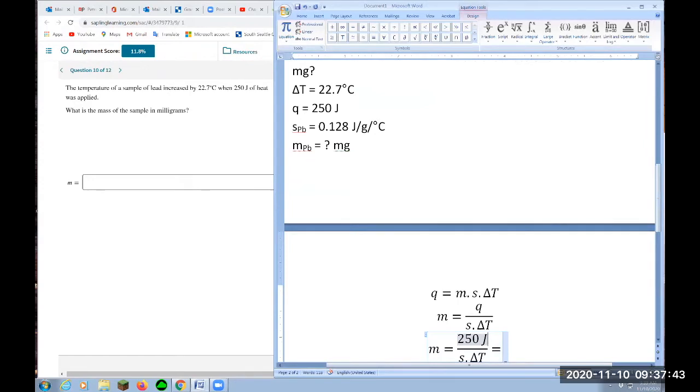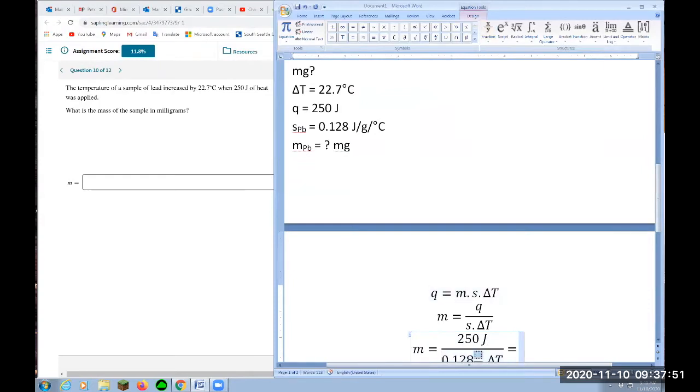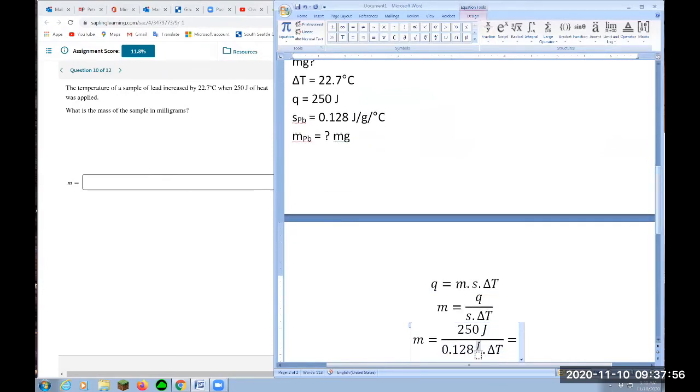s is 0.128, and the unit is joules per gram and per degree.